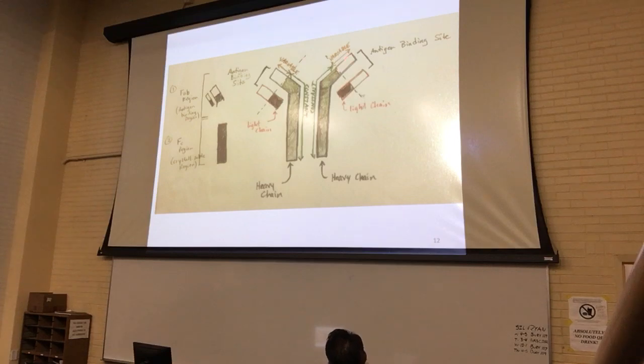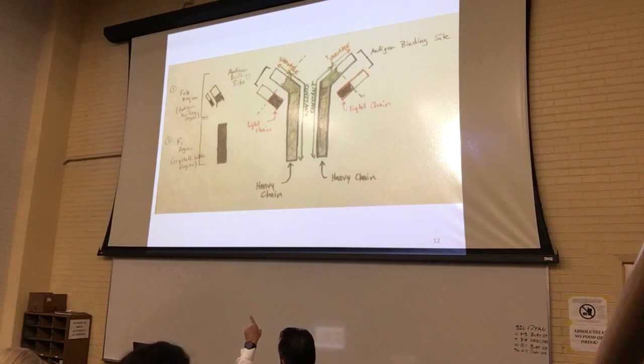You can see the variable portion is the portion that makes up the antigen binding site. And then the constant portion is also known as this heavy chain, and it is not altering. So when we do class switching, it's this constant region that stays the same, and you swap out the variable region. Does that make sense?